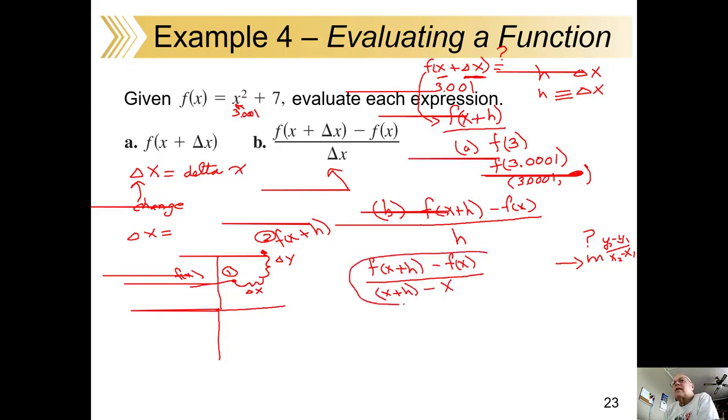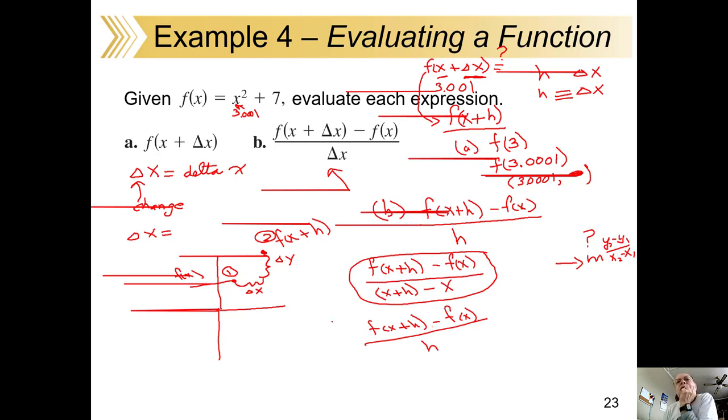But if I take this fraction and do the simple subtraction in the bottom, which I can do, I have f of x plus h, same thing, f of x. But when I subtract in the bottom, the x's cancel out, or give me 0, you now have h. That's where the h comes from. Sneaky, but it is.